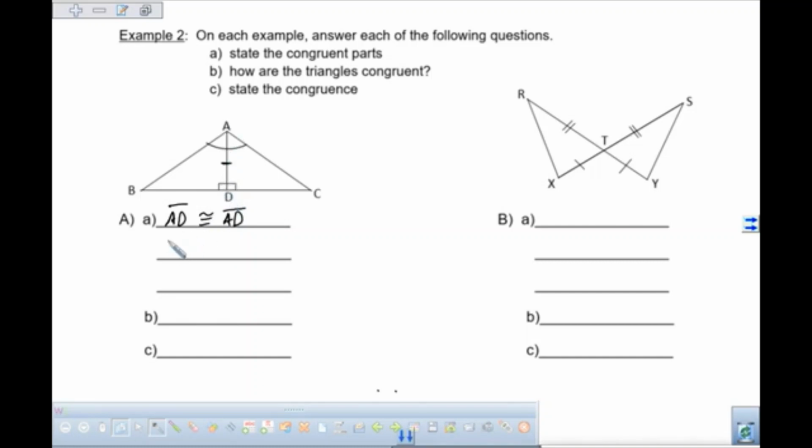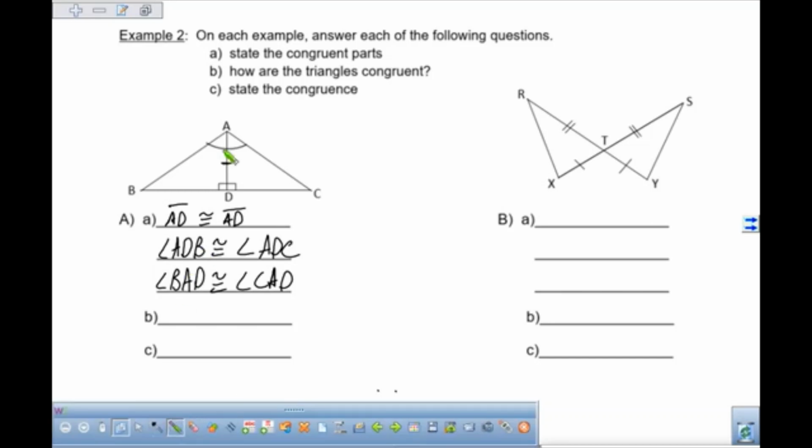So angle ADB is congruent to angle ADC. And then we need our angles up here that are getting bisected by segment AD. So we'd have angle BAD is congruent to angle CAD.